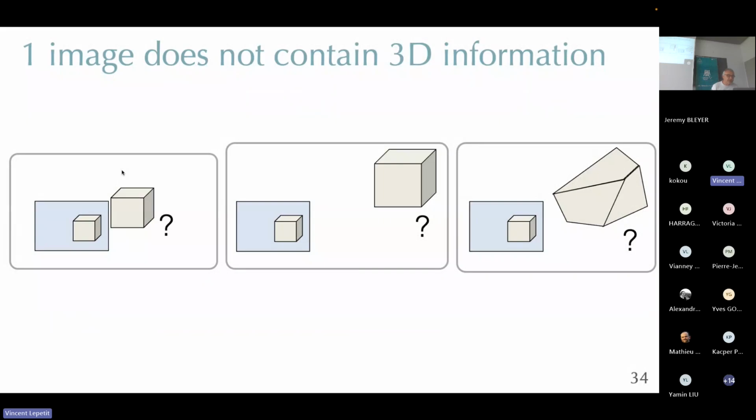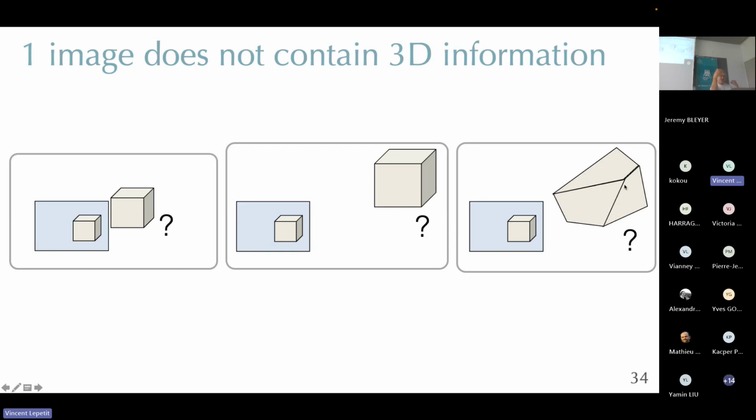Given a single image, there are of course many 3D shapes that can generate this image. If you look at this image, it looks like an image of a cube. It's maybe an image of a small cube close to the camera, maybe a large cube farther away from the camera, but actually it can be many different shapes.